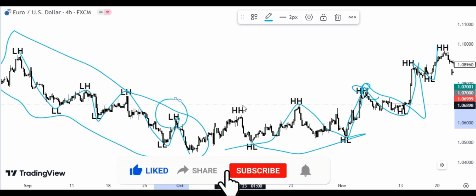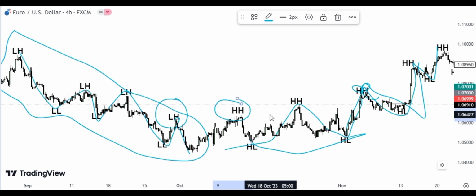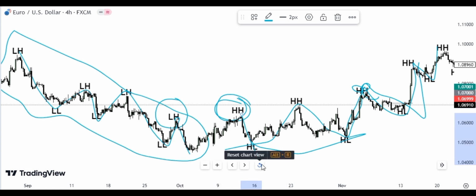But this higher high isn't confirmed yet because we aren't sure if we are still in a downtrend. Let's just say if this was a new lower high, then we would have expected price to create a new lower low, telling us that we are still in a downtrend.